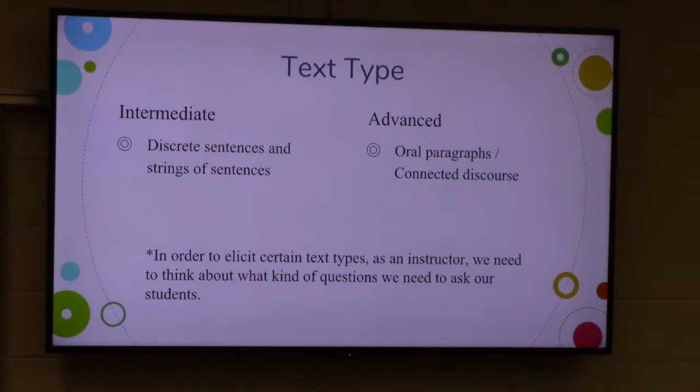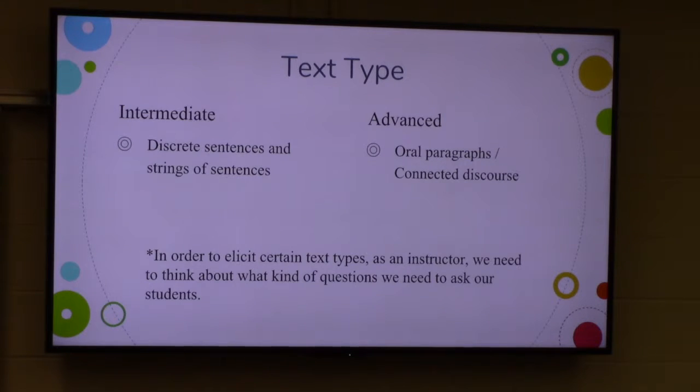They can just answer yes or no. That's novice, right? If you ask an advanced learner, say, weather, they probably just give you one sentence. So this weather is blah blah, and it's not going to be a paragraph, right?